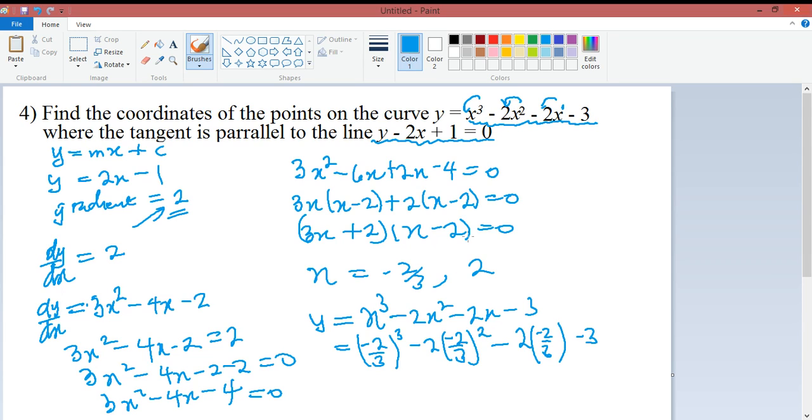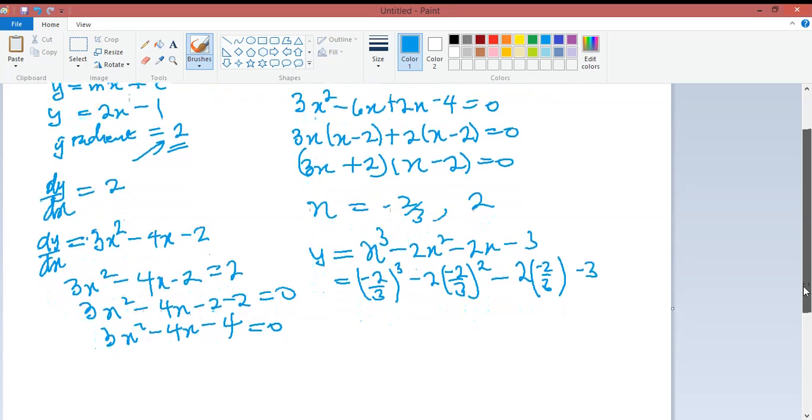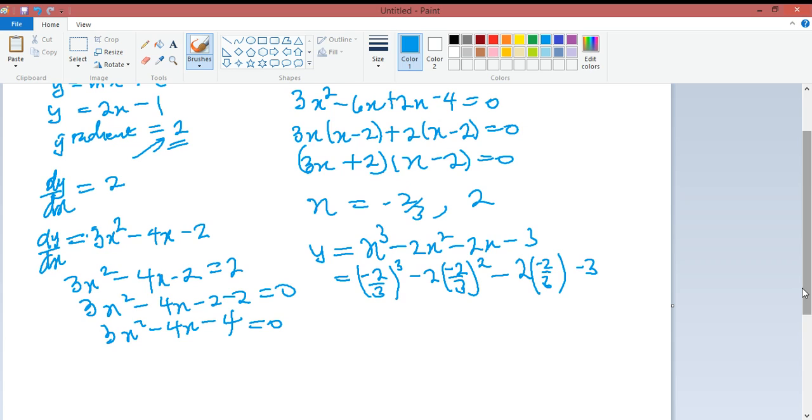Good. Let's proceed. I want you to solve this yourself. I'm just writing the answer. Solving this, we'll have minus 77 over 27. Negative 77 over 27.